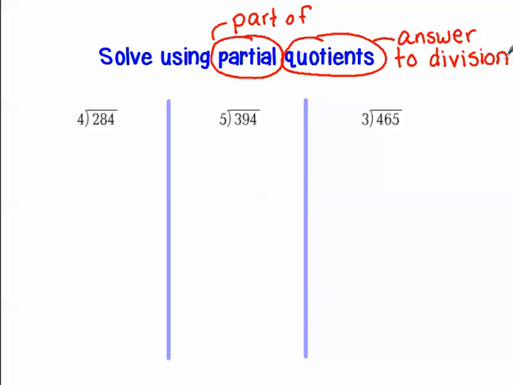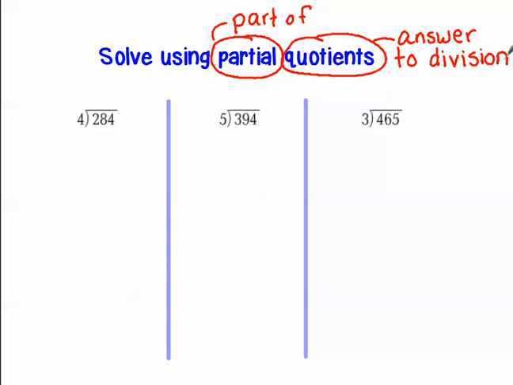So when I look at this number, 284 divided by 4, I'm looking at how can I decompose or break up the number 284. We're going to use part of that to figure out how to find the answer.